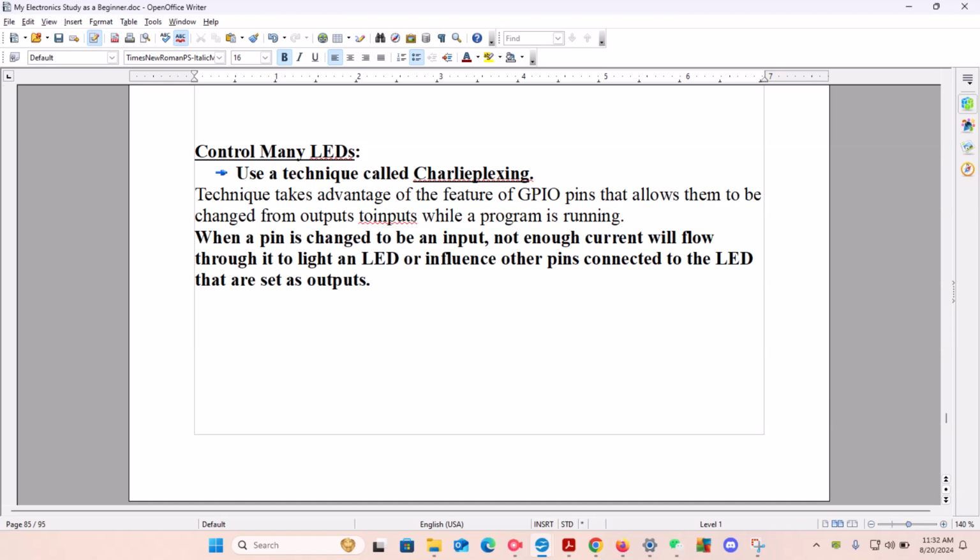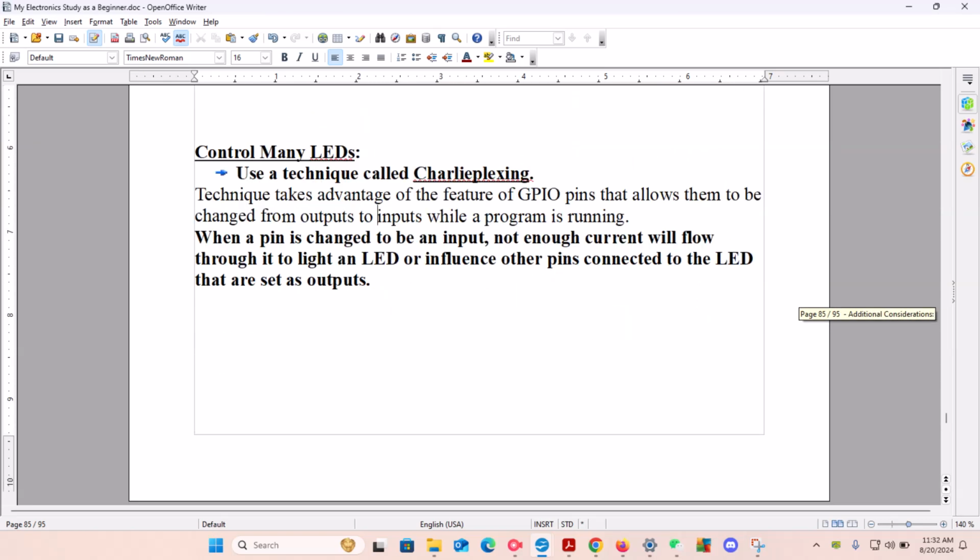Now I use a technique called Charlieplexing. The technique takes advantage of a feature of GPIO pins, that's general purpose input-output pins, that allows them to be changed from outputs to inputs while the program is running.